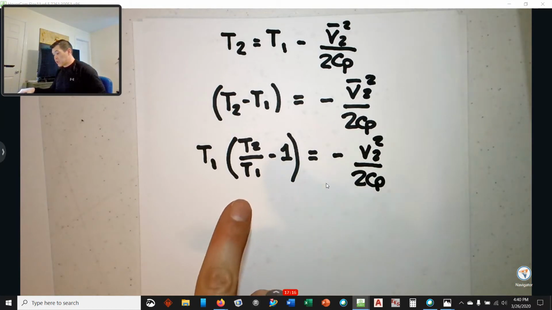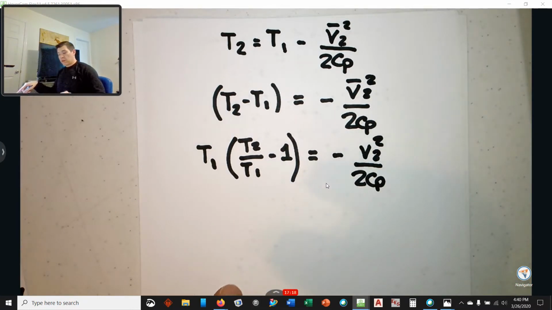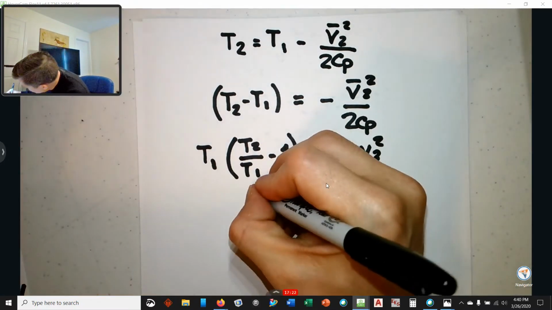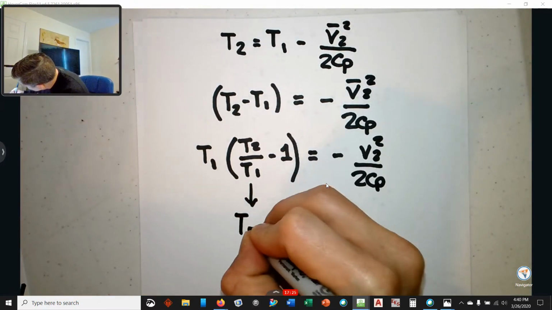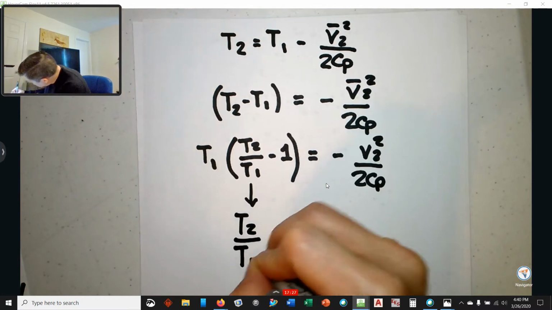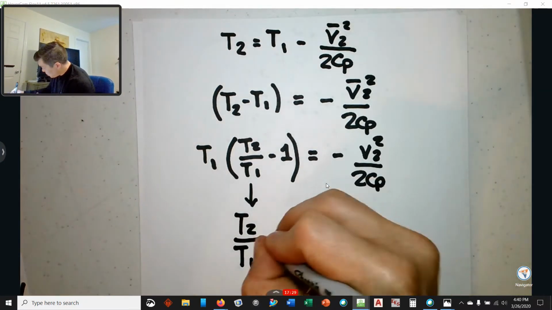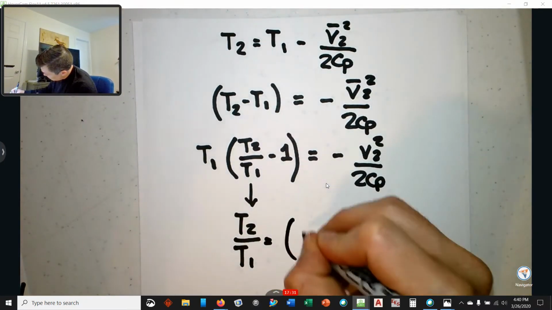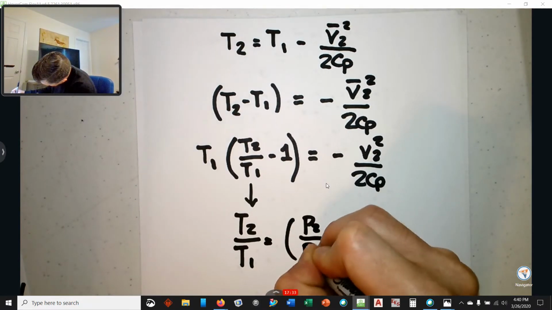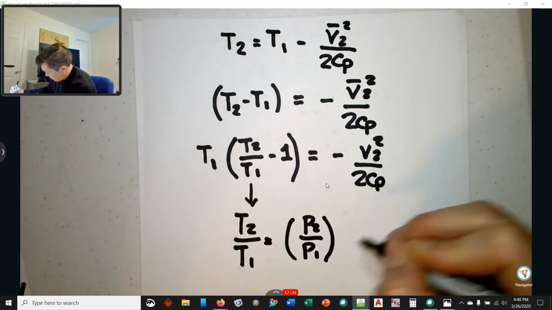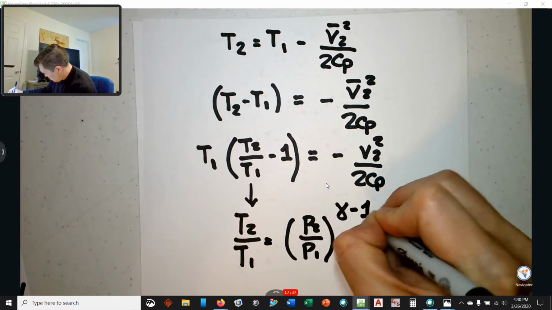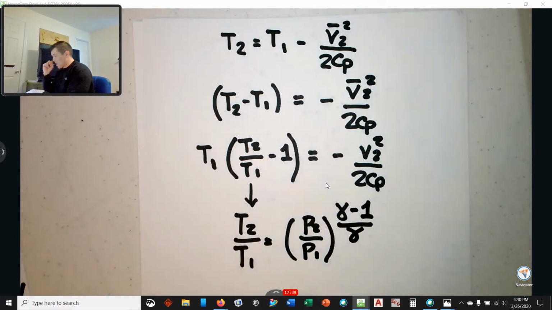And this is what we had found for a polytropic process: T2 over T1 was equal to P2 over P1 to the gamma minus 1 over gamma.